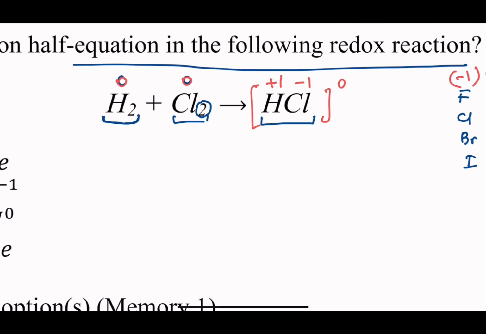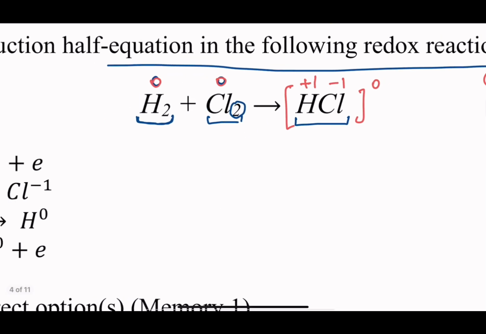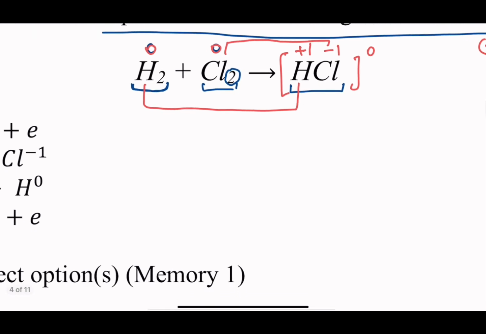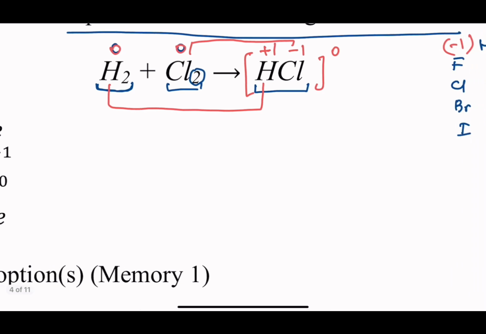Okay, so now let me delete this side over here. You need to take a note as you go through this video. So hydrogen went from 0 to +1. Chlorine went from 0 to -1. Some of you are really struggling to know whether there is oxidation or reduction.